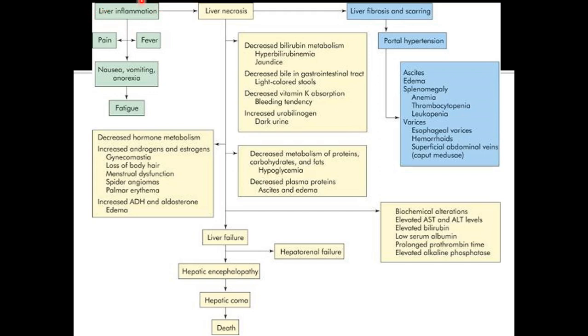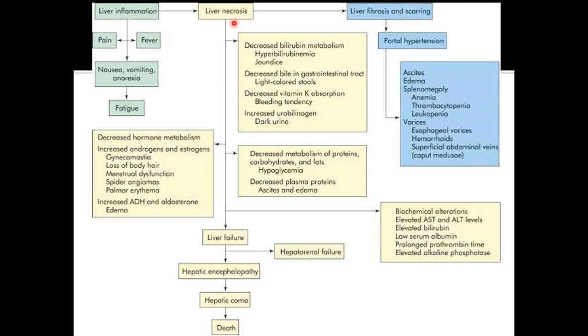Let's just say this liver inflammation is caused by hepatitis C. So early on in that inflammatory process, there's going to be pain, there's going to be fever, the person's going to be fatigued, and they're just not going to be feeling very well. But because it's a chronic inflammation, that hepatitis C virus is not going away, then the trigger for this inflammation is not going to go away. So chronic inflammation. And over time, that can lead to hepatocellular necrosis or liver necrosis.